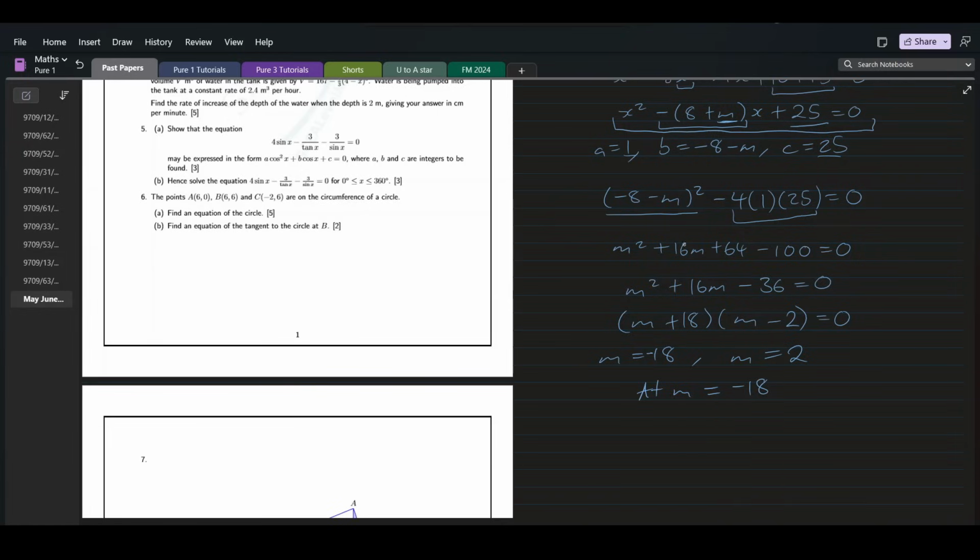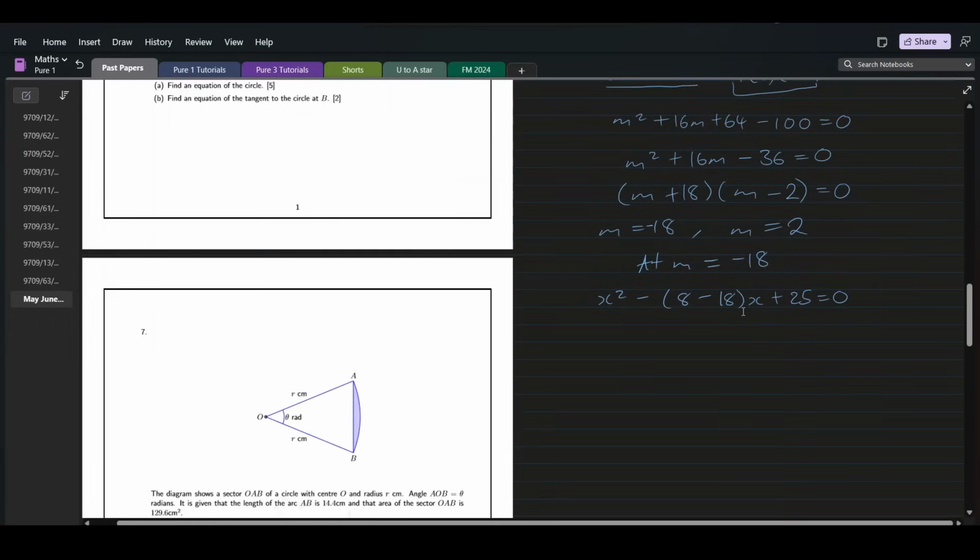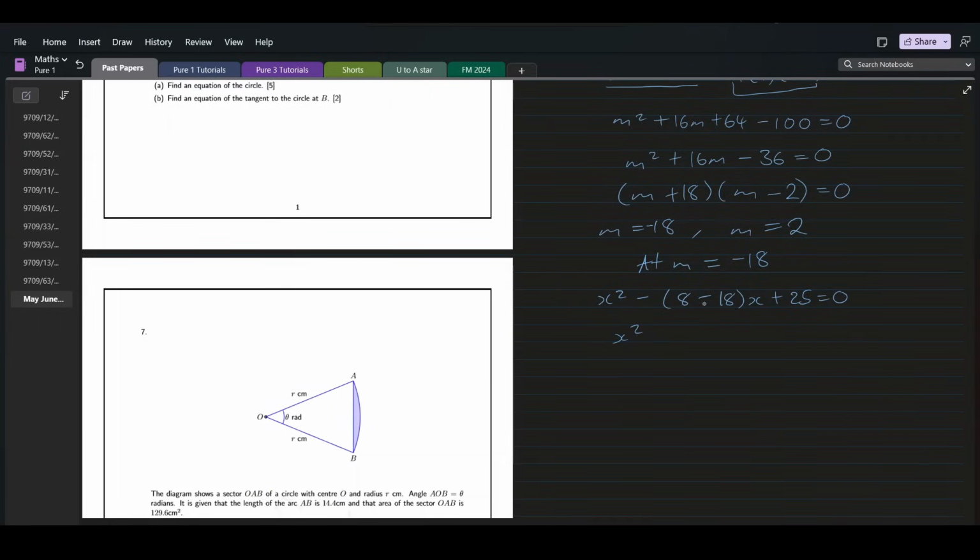So again, we're using this equation over here. So that would be x squared minus, that's 8 plus m. M is negative 18, and this is x, plus 25 is equal to 0. And so if we simplify this, this would be x squared minus, we've got 8 minus 18 in the bracket, which gives us minus 10.